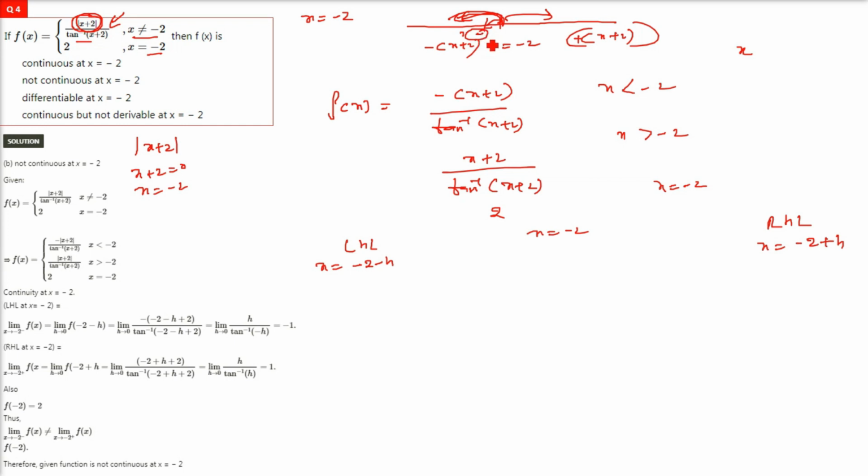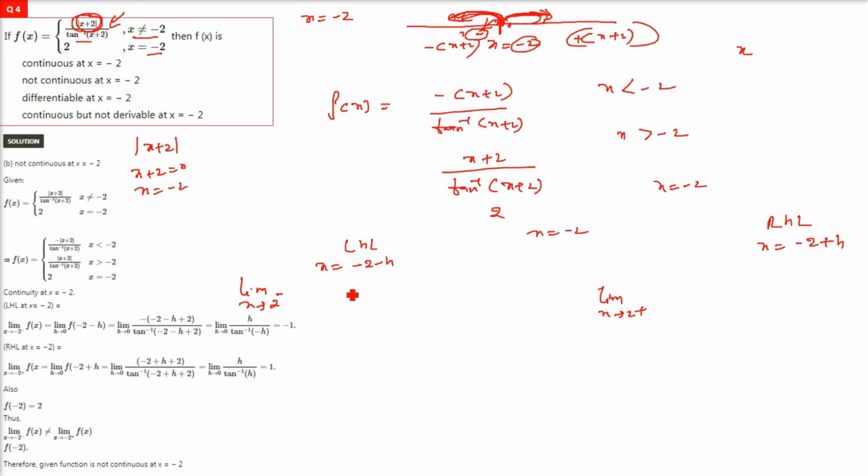When you go ahead on the right, you just have to add a very small value h, and that is going to be 0 eventually. So when you start, you have to write limit x tends to negative 2 minus. That is to indicate that you are going on the left. Similarly, on the right, you have to write limit x tends to negative 2 plus in order to tell that I am going on the right.